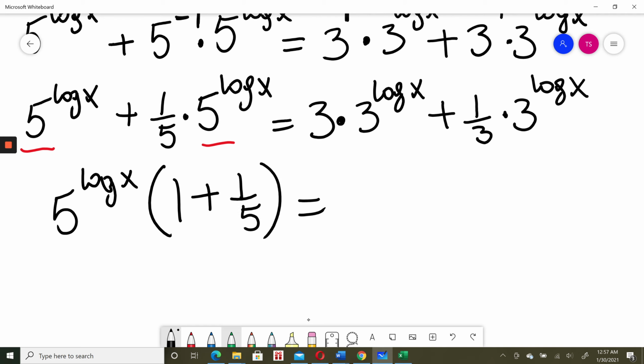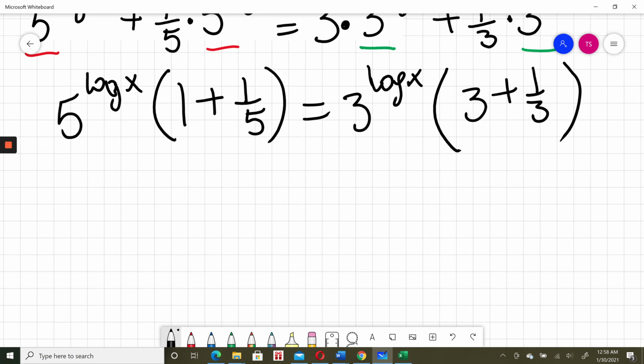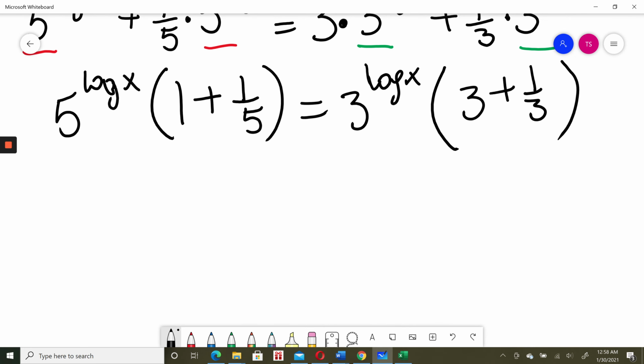Similarly here, I'll put 3 to the power of log x in front of the bracket. In the bracket I will have 3 plus 1/3. Then 1 plus 1/5, I will just write it as 6/5 and I'll put it in front.